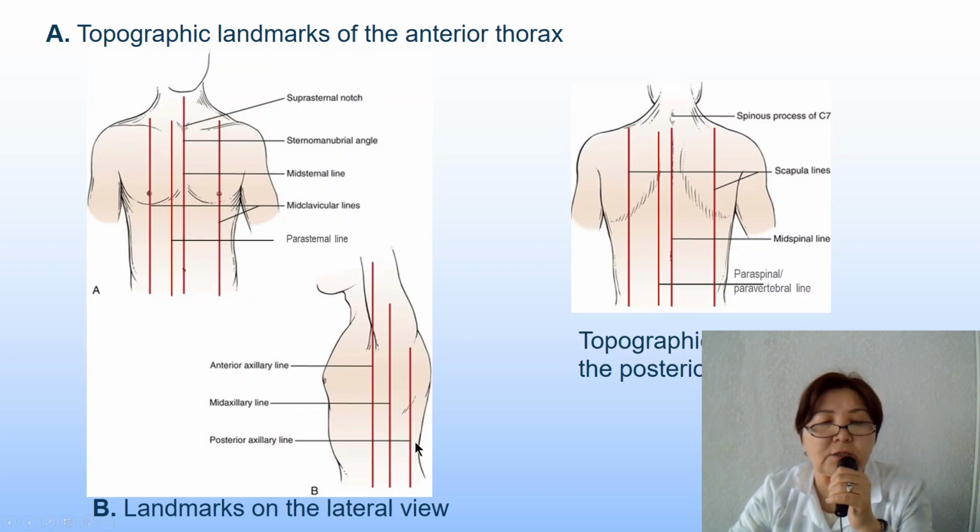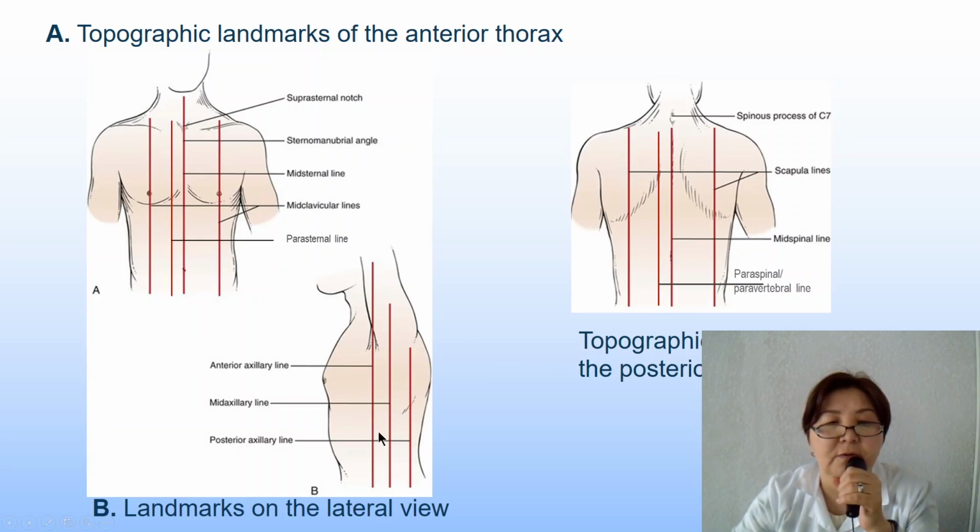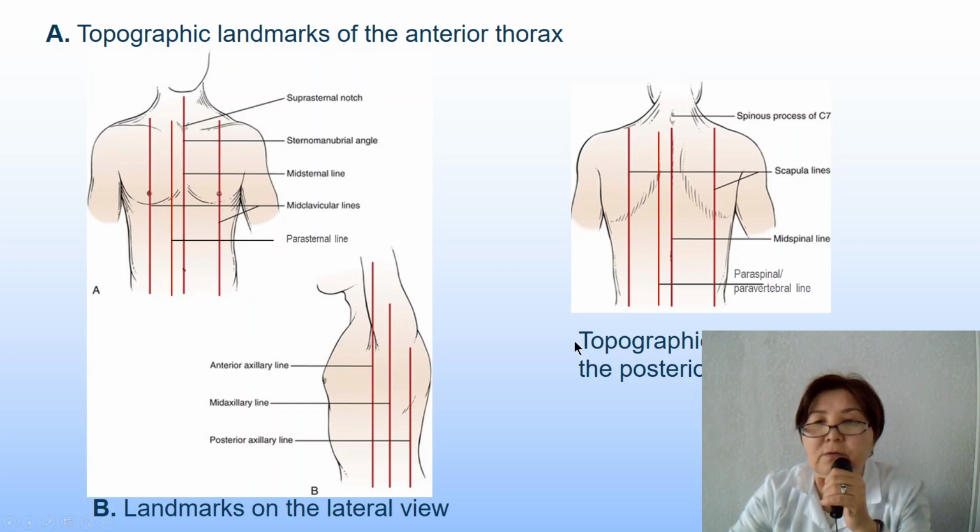At lateral view, there are three lines: anterior axillary line, mid-axillary line, and posterior axillary line. And topographic landmarks of the posterior thorax are mid-spinal line, paraspinal line, and scapular lines.